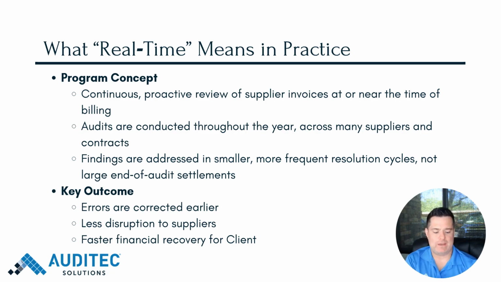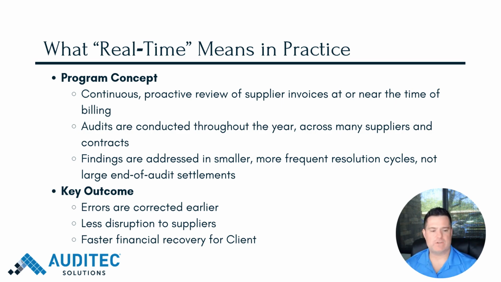When I have to go back and audit a supplier for 3 years, and let's say that there was a billing error that was taking place, well, those billing errors accumulate over a 3-year period. It might be a very large finding at the end of a 3-year period. And so that can make those issues very difficult to resolve with your supplier, because even if they can acknowledge that there was an issue, that accumulation becomes something very difficult to pay back.